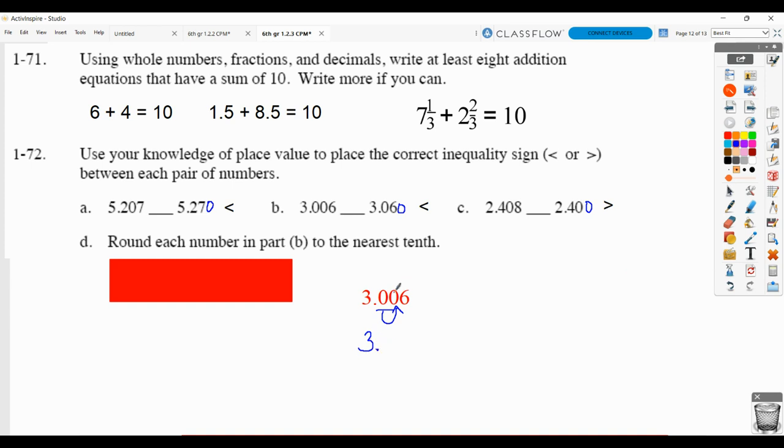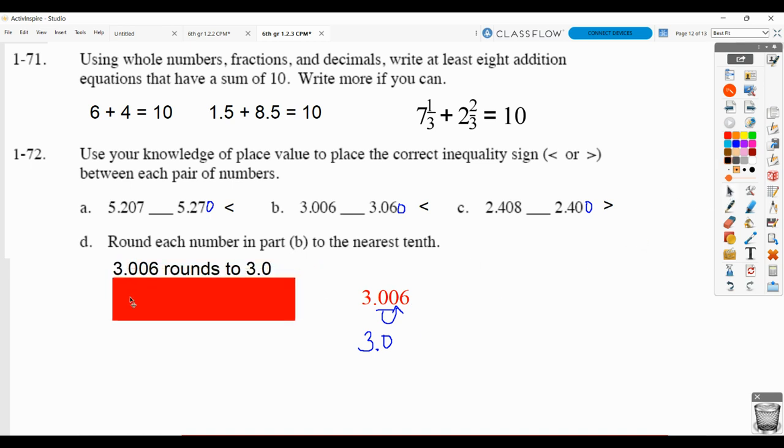The indicator number, which is the 0, tells me to round down, which means keep the 0 as it is. And then once the indicator number has done its job, it and everything behind it can either become zeros, or if they're behind a decimal point, they can drop off. So I would just get 3 and 0 tenths.